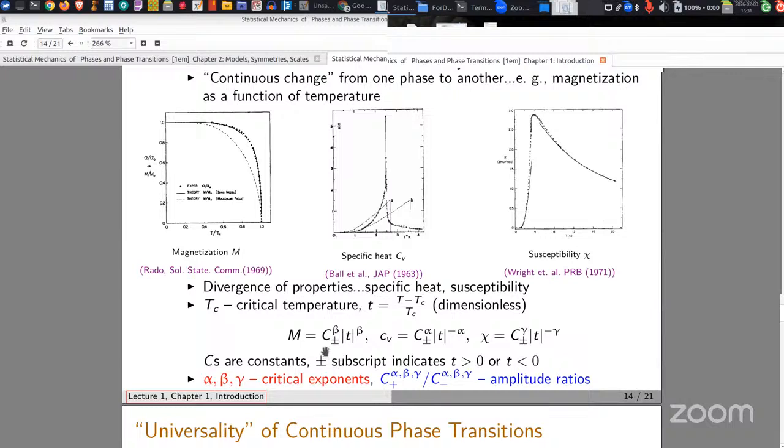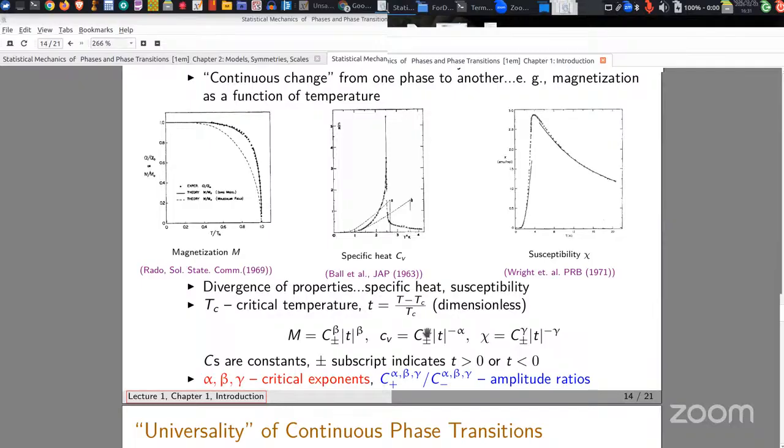The non-universal quantities here are the C beta. This C beta plus and C beta minus will not be the same for all materials. The ratio of those, C beta plus divided by C beta minus, will be universal. Alpha, beta, gamma critical exponents will be universal. So the universal quantities are the critical exponents and what are called amplitude ratios, not the amplitudes themselves. The amplitudes themselves are not universal.